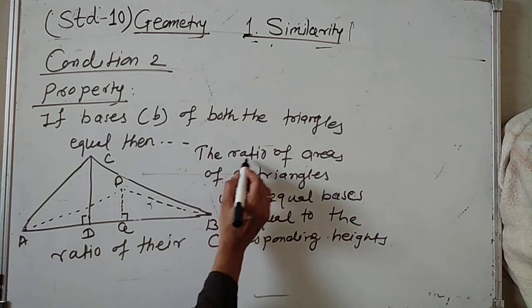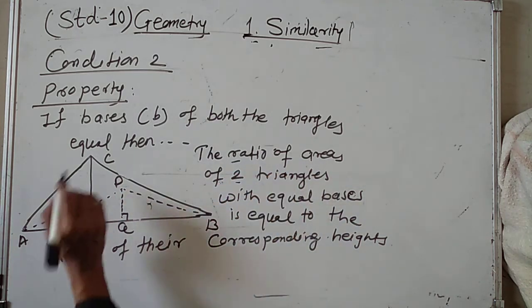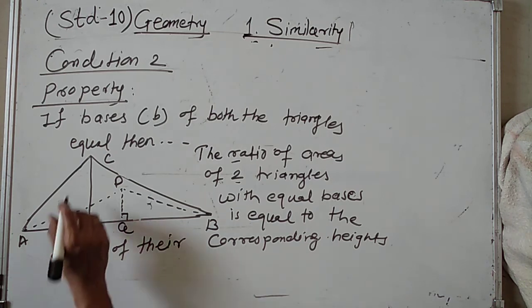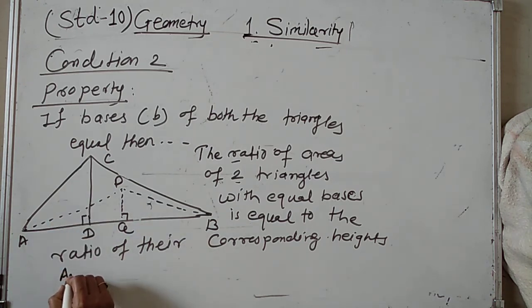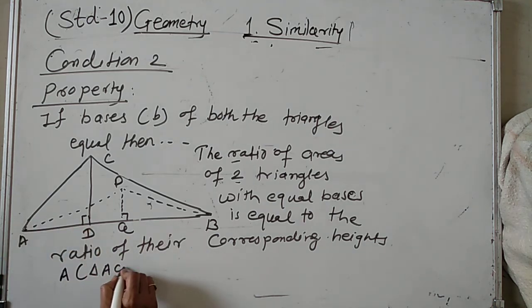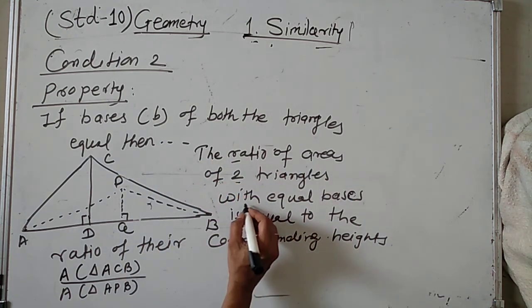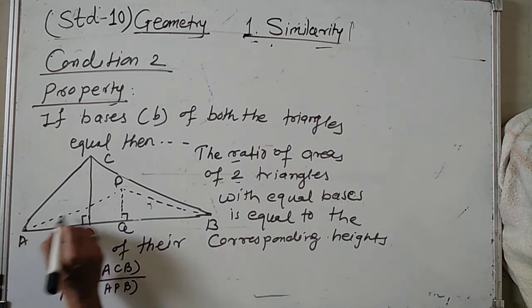Now again the statement: the ratio of areas of two triangles. So take the ratio of these two triangles, that is area of triangle ACB upon area of triangle APB. The ratio of areas of two triangles with equal bases. Now the bases are equal.